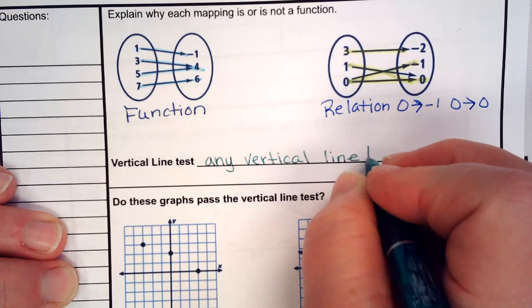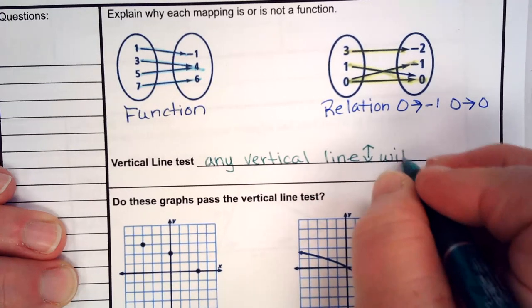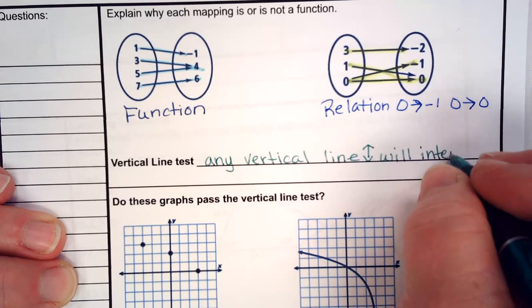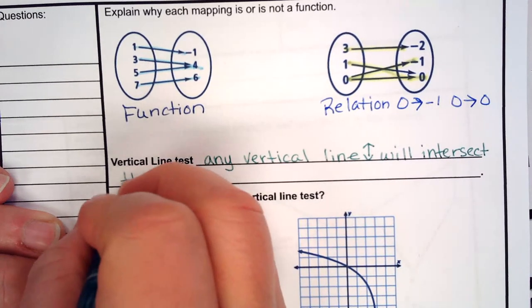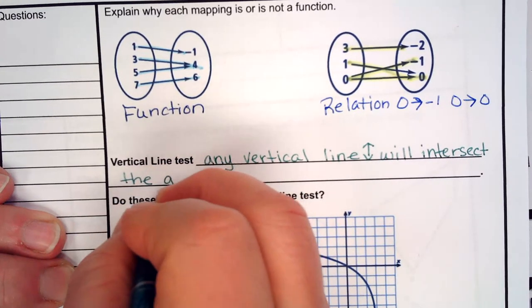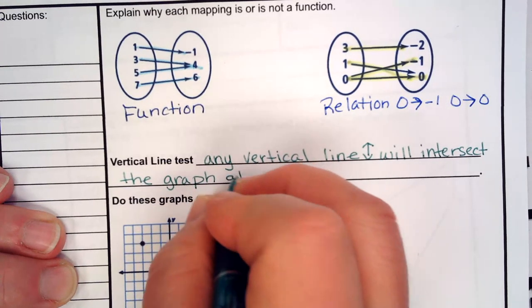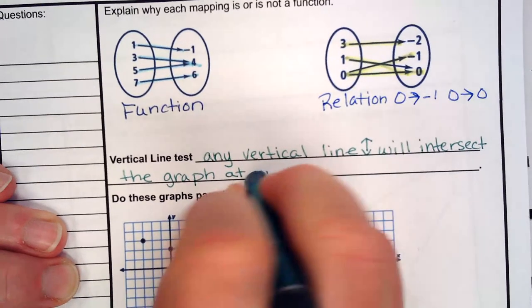Remember, the vertical line goes straight up and down. At exactly one point.